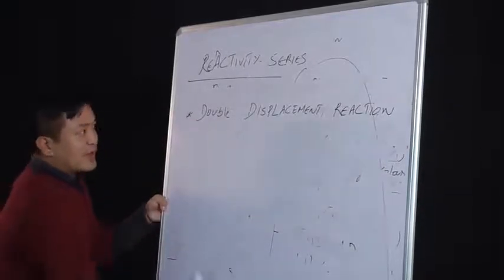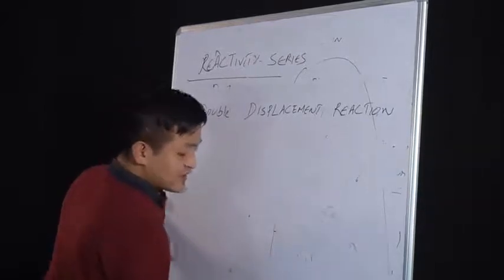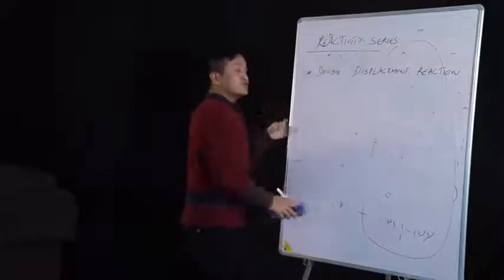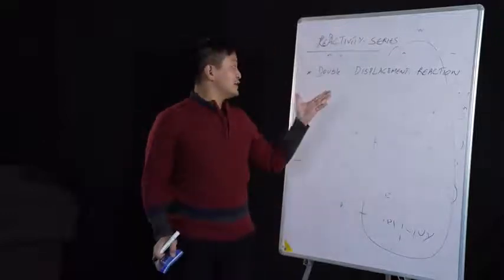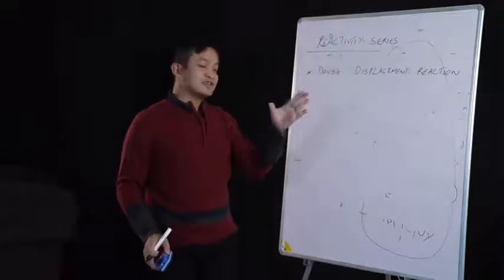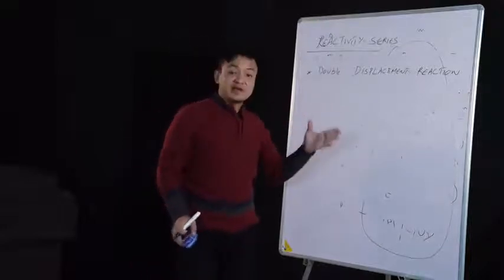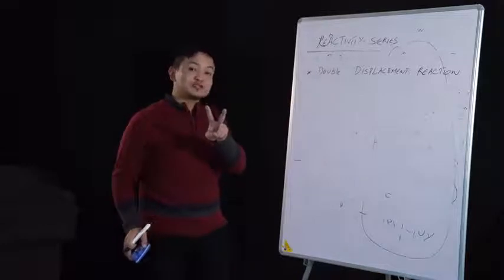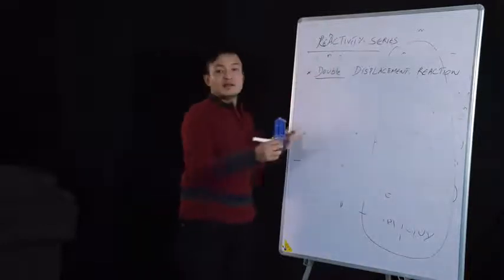So what will you get to see in a double displacement reaction? Now you have an idea about displacement reaction. It is where the highly reactive replaces the less reactive. So it is related, but here two displacements are going to take place because the name itself says double.